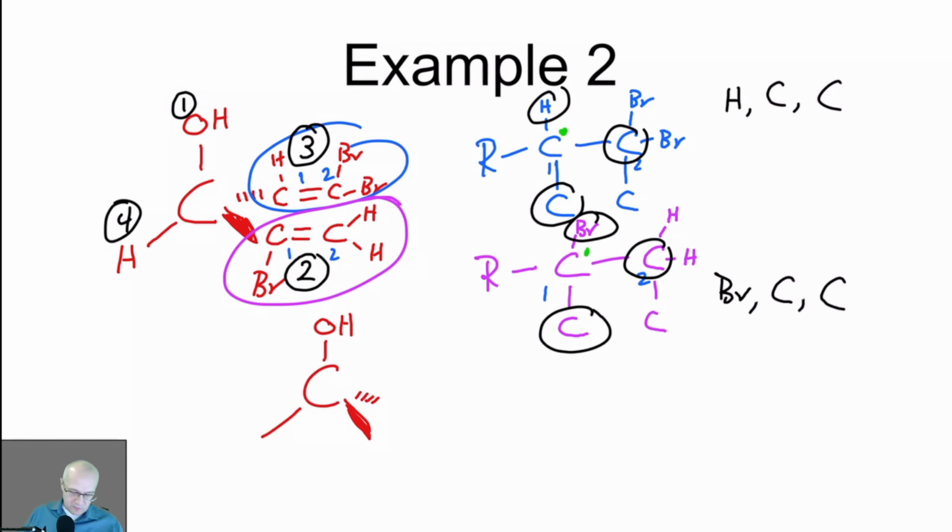So now, we're going to rotate to put the priority number 4 in the back. So the hydrogen comes back here. This priority group 3 comes to the front. So let's do that. So this group went back there, this group came to the front, and that one went over there.